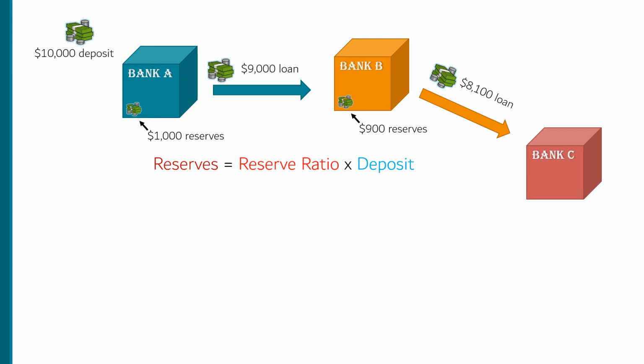Let's take stock of our situation so far. Right now, we have 3 people with money. You deposited the original $10,000. Then there's this contractor who banks at Bank B who has another $9,000 in their account, and someone else who deposited $8,100 into Bank C. If we go around and ask people how much money they have, we'll get a total of $27,100, or $10,000 plus $9,000 plus $8,100.